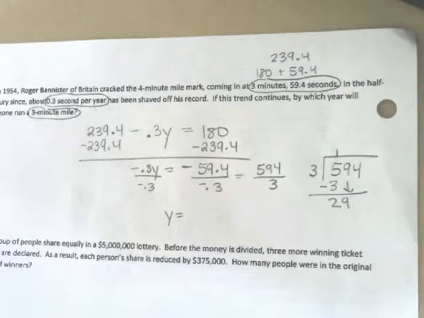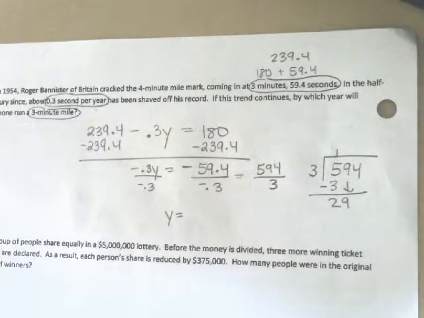I just checked it on my calculator as well. But I see why you're second guessing that, because I was doing the same thing this morning. But when you do subtraction, no matter which order you do it in, you're finding the difference between the two. The sign may flip-flop, but the difference to get from 180 to 239.4 is 59.4. Do you follow? Yeah. But I get why you're second guessing that.